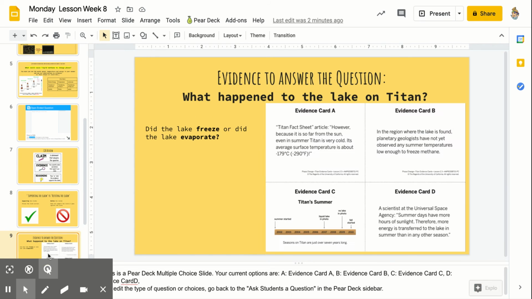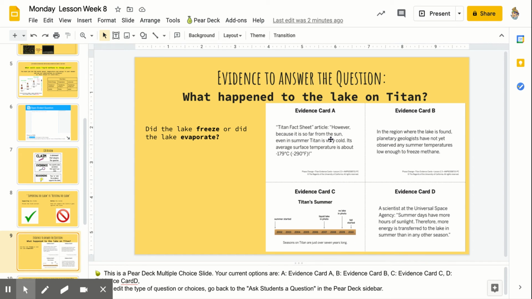So now what we're actually going to do is write a complete CER to answer this chapter question, which is what happened to the lake on Titan. We're trying to figure out whether it froze or whether it evaporated. And we took a look at this evidence last class.